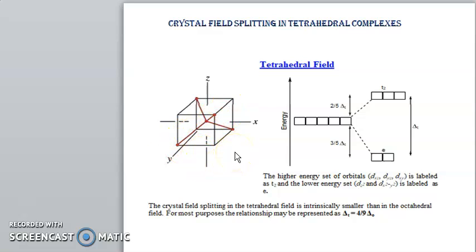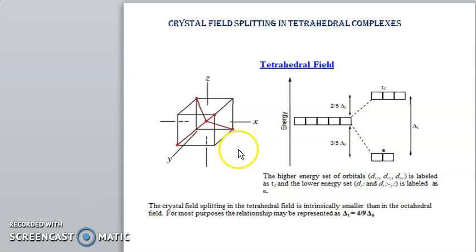So in this cube we have to discuss the crystal field splitting in tetrahedral complexes. This is completely different from the octahedral field we discussed in the last lecture.